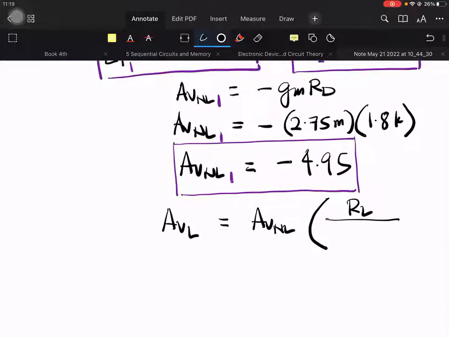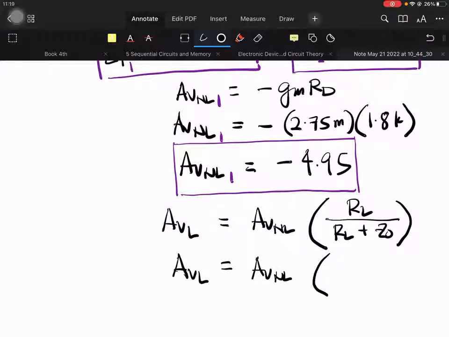AVL is AVNL times RL over RL plus RO. RL, as seen by the first amplifier, is the ZI of the second amplifier, plus its own RO.